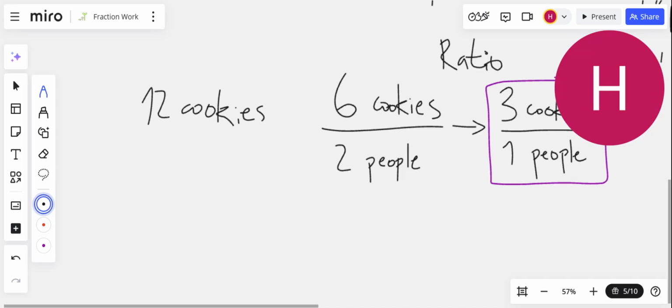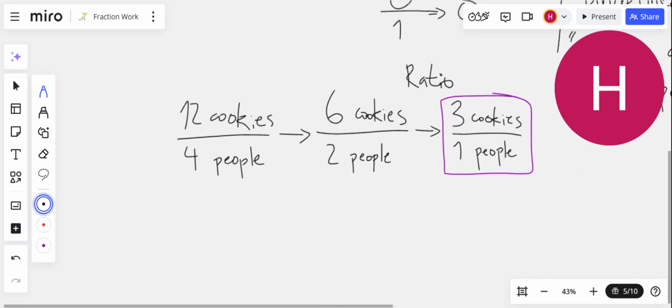You notice that you could multiply the top and bottom of a fraction, and that would keep the same ratio. It's the same number of cookies per person. All we're doing is adding more people and more cookies proportionally. That's the word that we would use there.